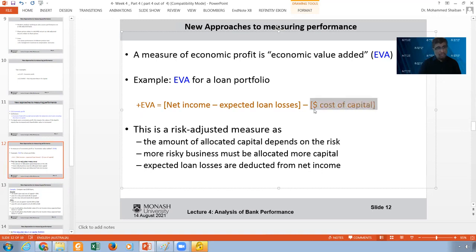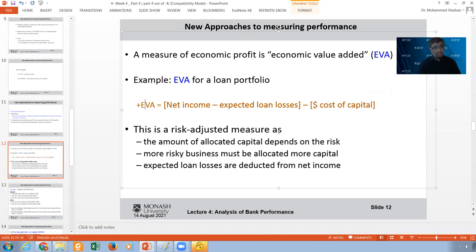More risky loans need more capital. This is a basic thing. So for the allocated capital for this type of loans, if you still make a profit out of it, then you are actually making what we call economic added value.